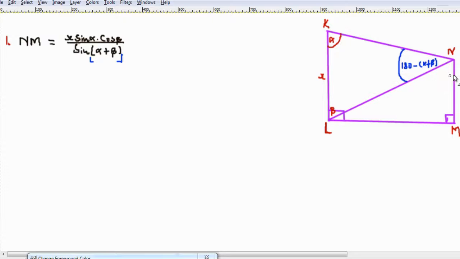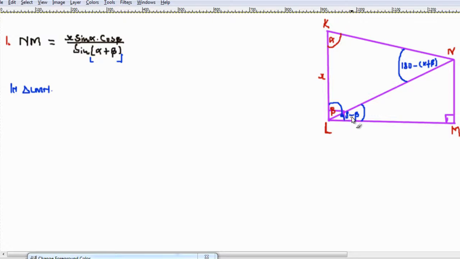Alright, now let's find the length MN. To find the length MN, consider triangle LMN. I'll find this angle quickly. This angle should be 90 minus beta, because here again is 90, and then this is beta.